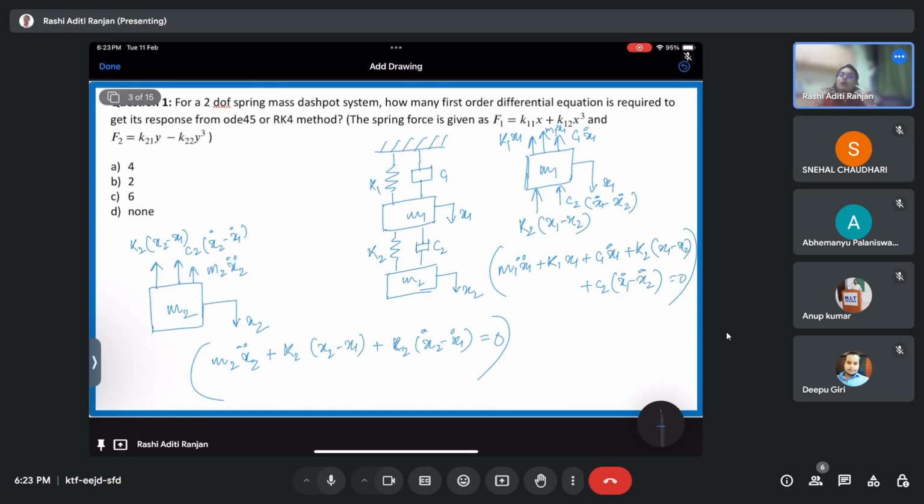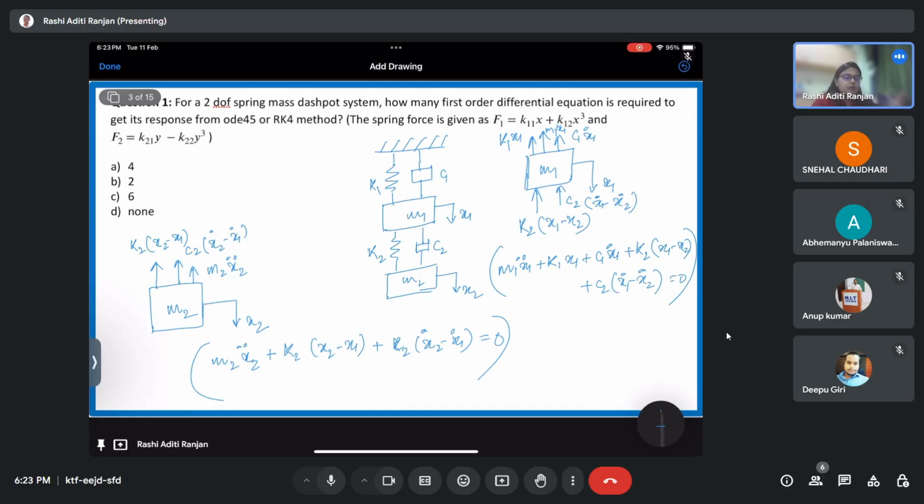Now, in order to simulate it with the RK4 method or the ODE45 method, I told this earlier also in the previous week and at the start of this session, that the numerical method essentially considers the first differential, right?